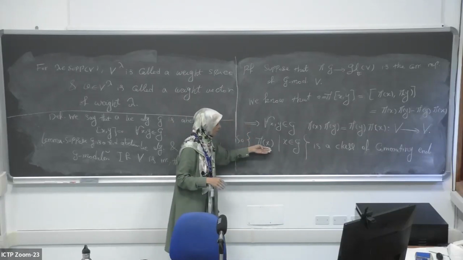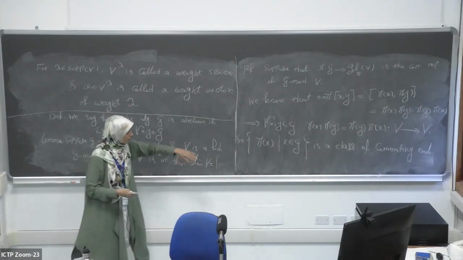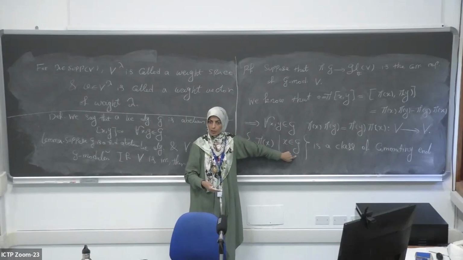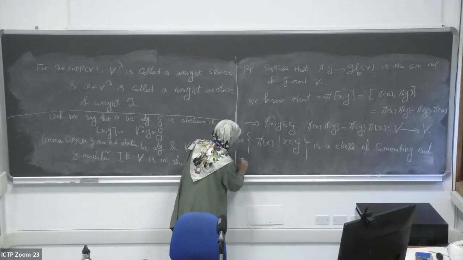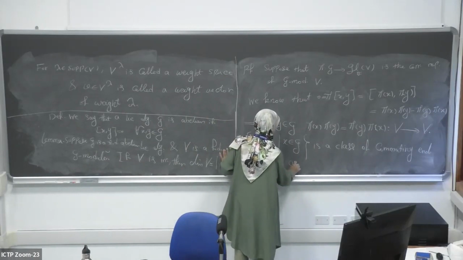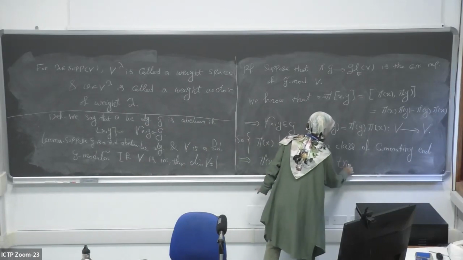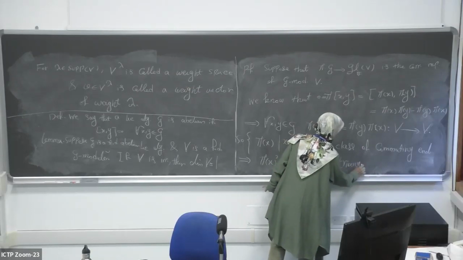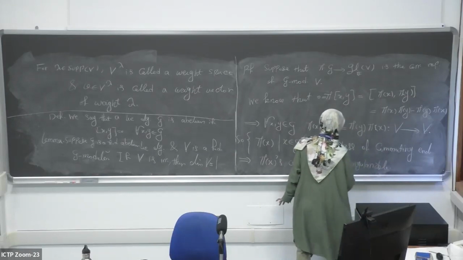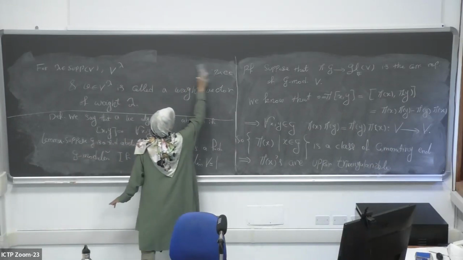And then if we have finitely many, again we can do this. And now this G is finite dimensional. So it follows that the pi x are upper triangularizable simultaneously.